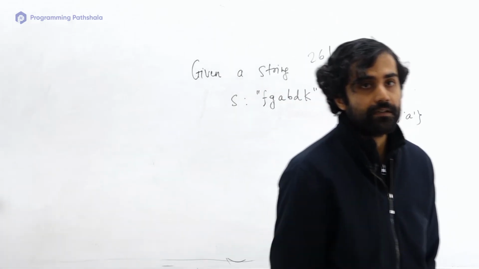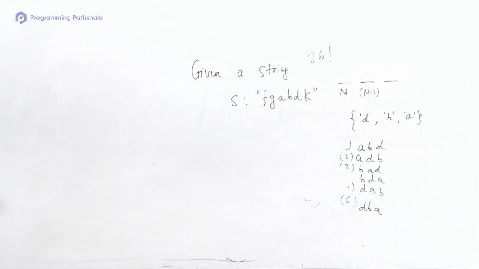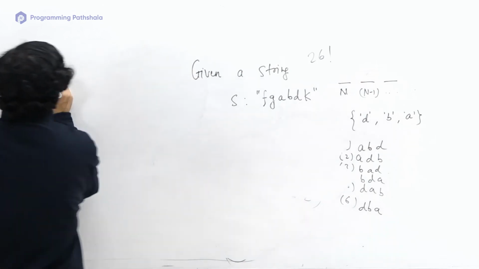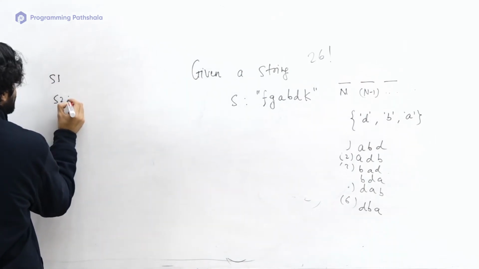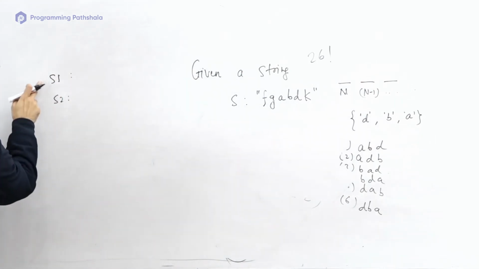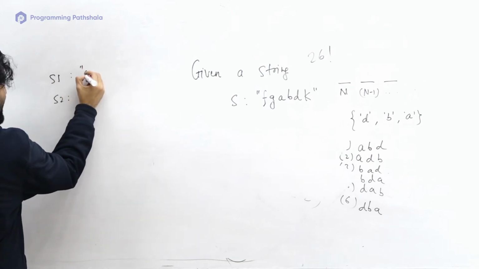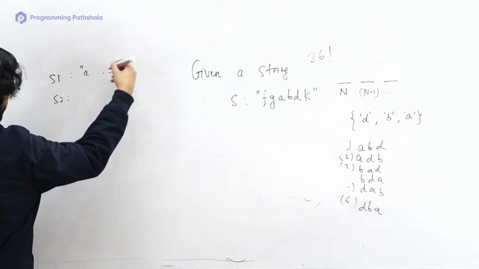Now, if I ask you to compare two strings, so let's say I have to compare two strings, S1 and S2. Let's say S1 is a string that starts with A and then has something that I do not care about.